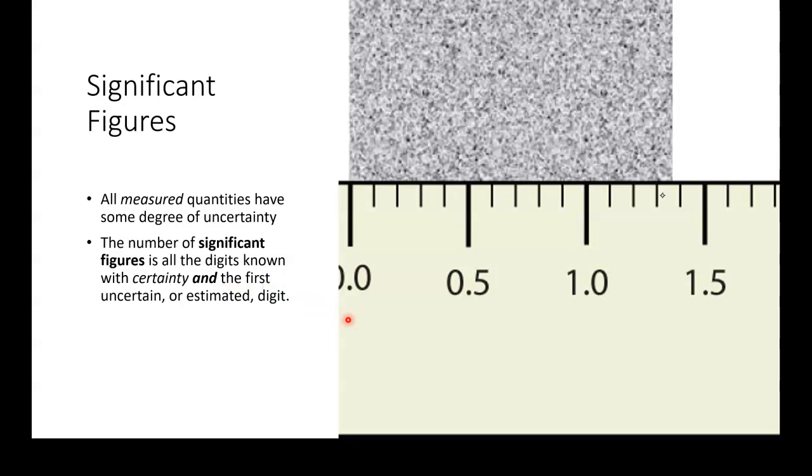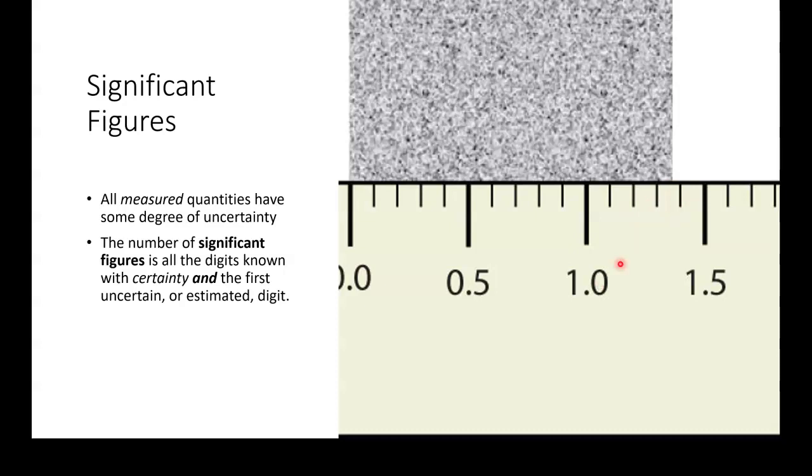So in this example here, we have a ruler. It's actually not marked what the units are on it, but it should be in centimeters. These big black lines are centimeter marks, and these marks here are millimeter marks. To measure the length of this object, you know that it's 1, 1.1, 1.2, 1.3, and then you have to estimate the last one.